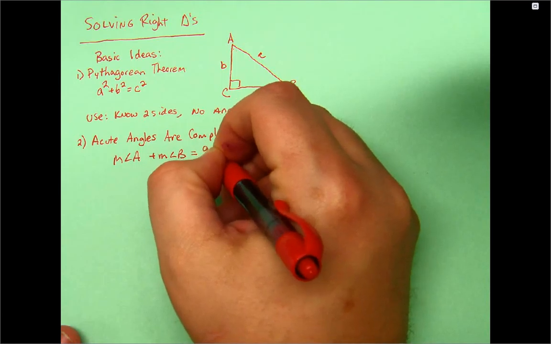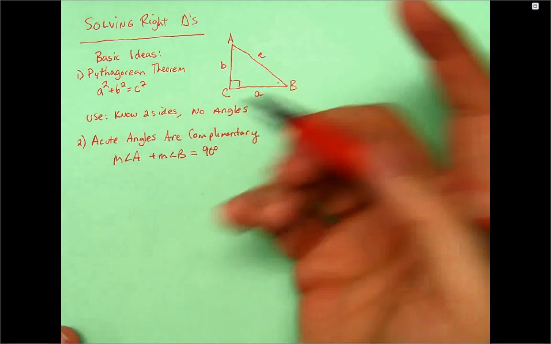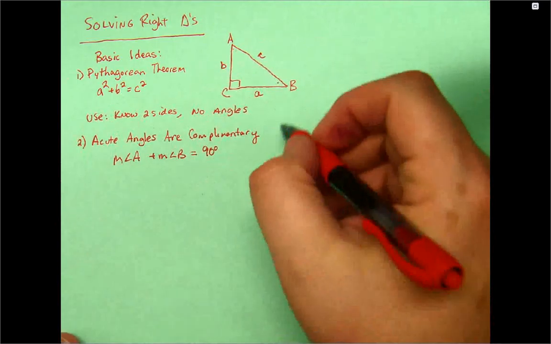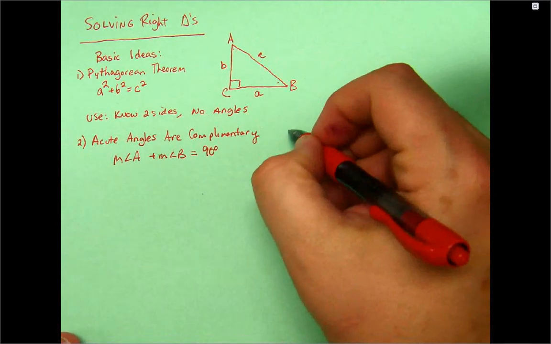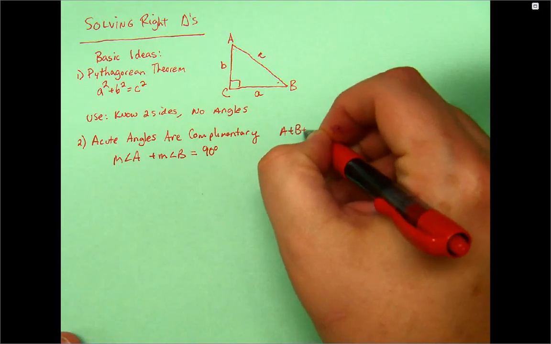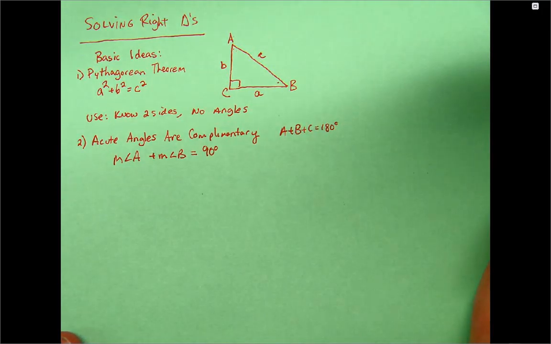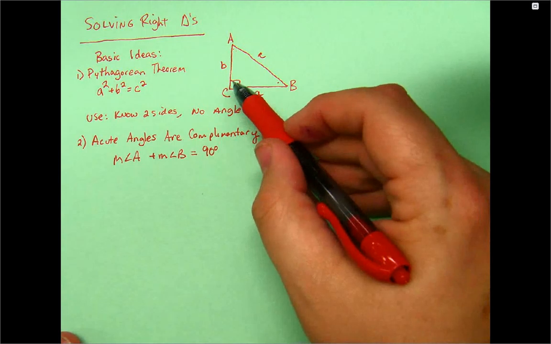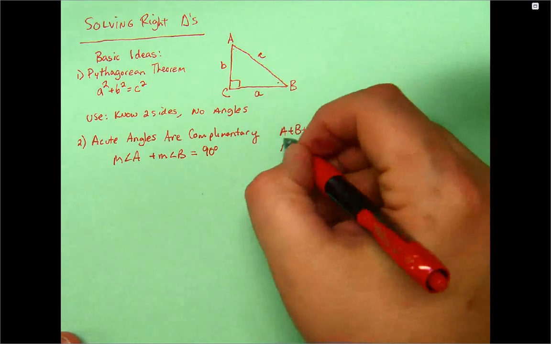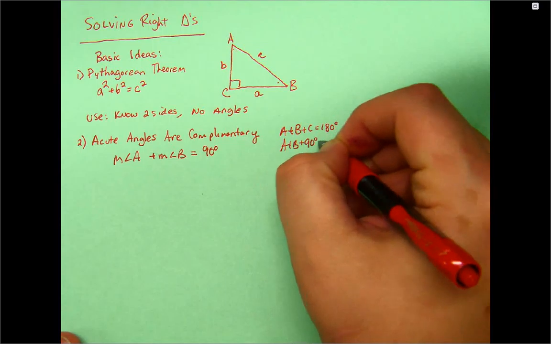So 90 degrees. The way we can figure this out, I'll do a little aside here: capital A plus B plus C is equal to 180 degrees. But what's the measure of angle C? 90. So A plus B plus 90 degrees is equal to 180 degrees.